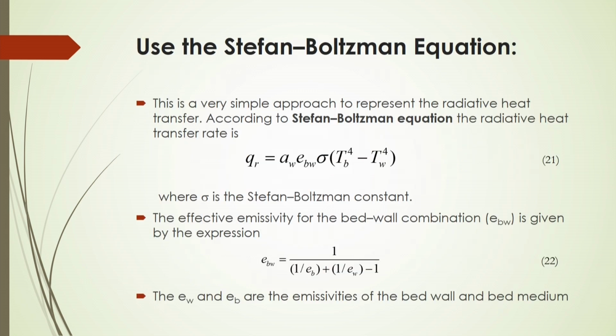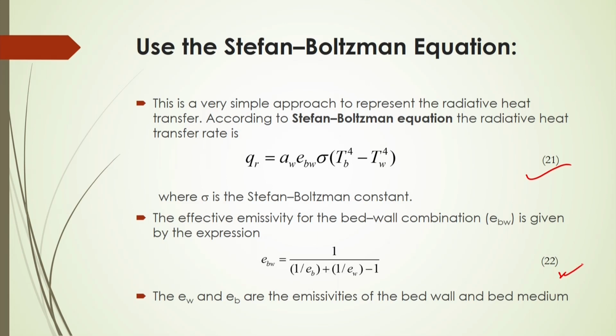Now, if we consider the Stefan-Boltzmann equation, it is a very simple approach to represent the radiative heat transfer. According to the Stefan-Boltzmann equation, the heat transfer rate can be estimated by equation number 21, where sigma is the Stefan-Boltzmann constant. The effective emissivity of the bed wall combination is given by equation 22.